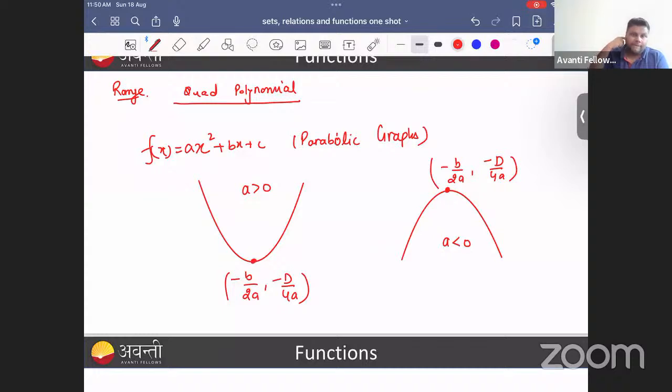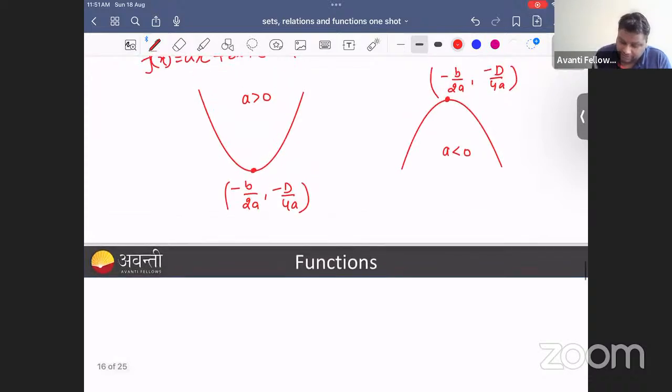Am I clear? Now range is what? Range is the values of y on the graph of the function. If you realize, the minimum value of y on this graph is minus D by 4a and the maximum value of y is going up to infinite. So if it is an upward opening parabola, range will be [minus D by 4a, infinite). I hope you know D is b square minus 4ac.